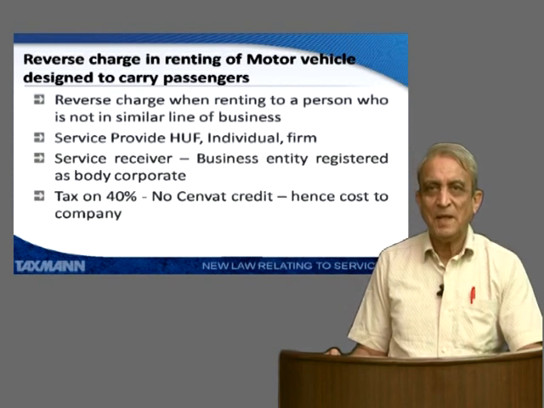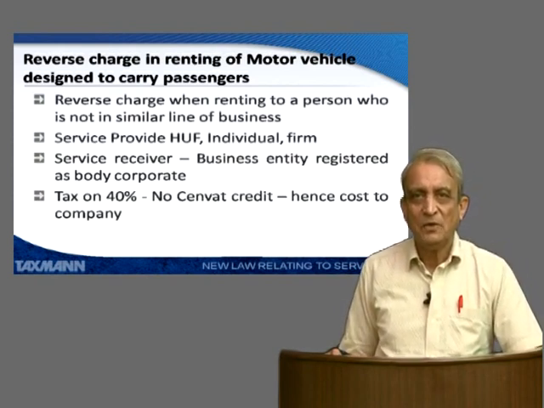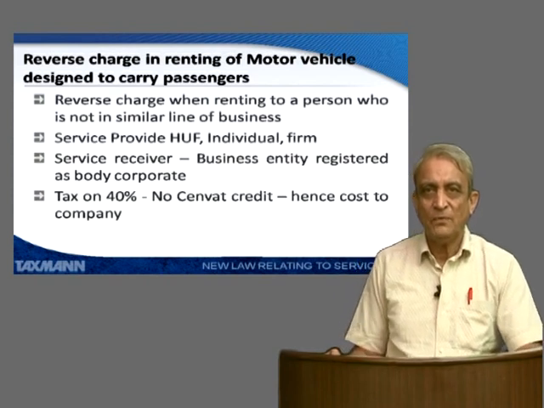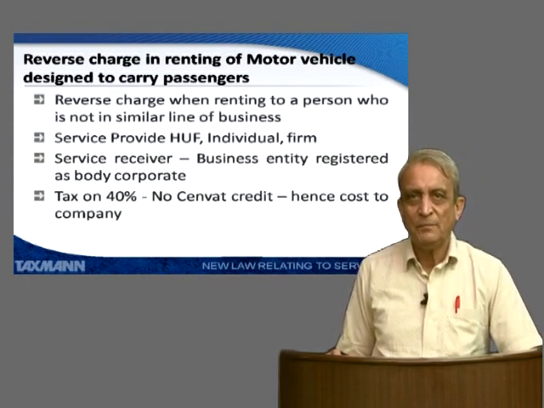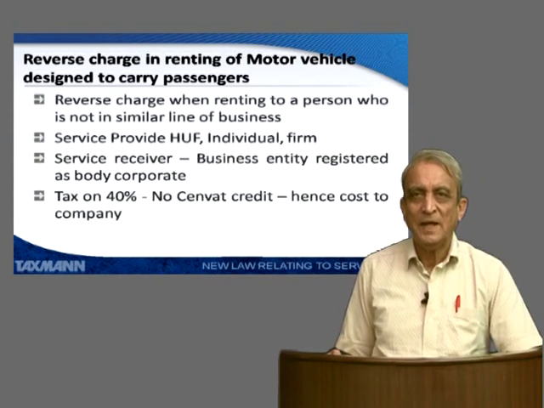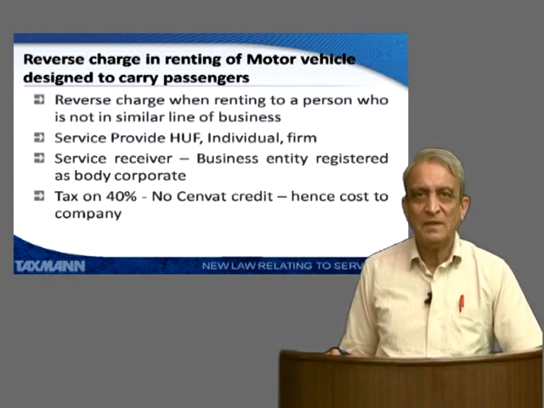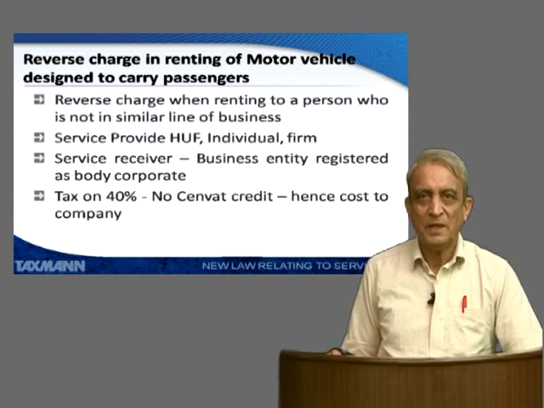If such a tax planning exercise is done, then the company will be liable to pay service tax on the rent which they are paying to the wife of the employee, because then it becomes renting of a motor vehicle designed to carry passengers, and that renting is given by an individual to a company. So, this tax planning will result in a slightly increased cost burden to the company.